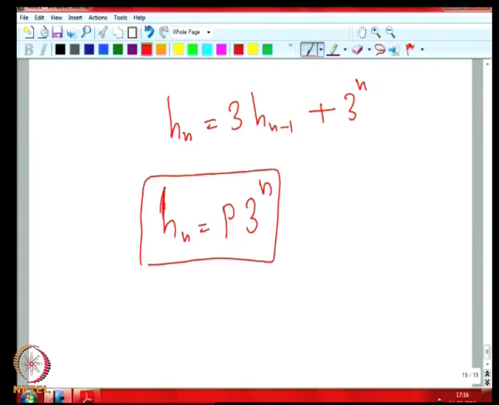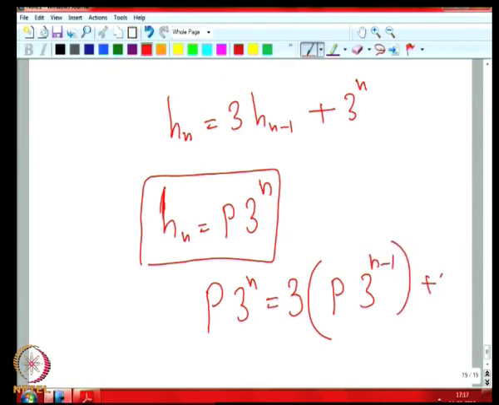Let us try it again. So, p times 3 raised to n is equal to 3 times p into 3 raised to n minus 1 plus 3 raised to n. Now, this is p into 3 raised to n plus 3 raised to n.